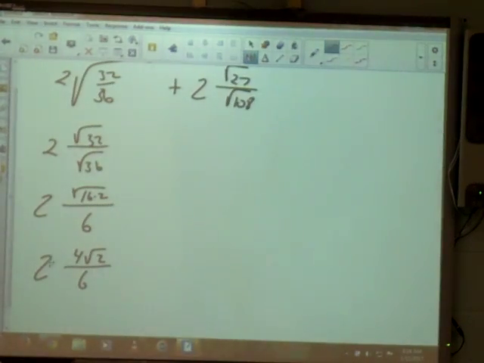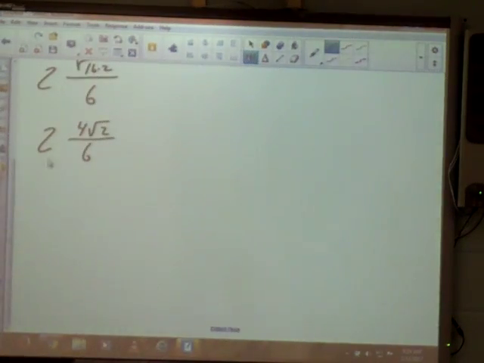Now, you don't have to write it this way, but I see it better if I look at it like that. So that means I'm multiplying 2 to all this. So I would look here and say 2 over 6 reduces to 1 over 3. So I would have 4 square roots of 2 over 3.